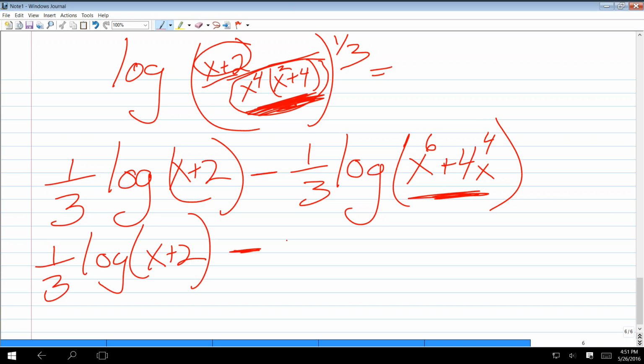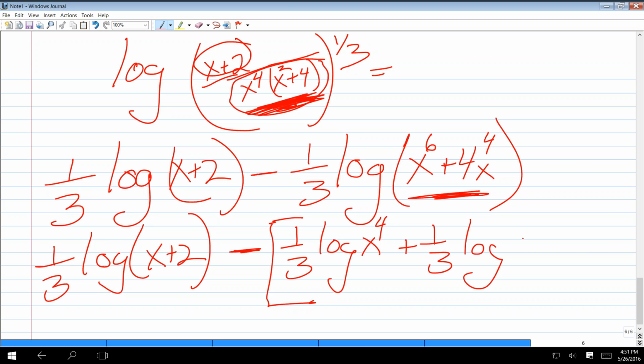In other words, I could have written it like this. And then I'm going to subtract the entire 1/3 log of x to the 4th plus 1/3 log of x squared plus 4.